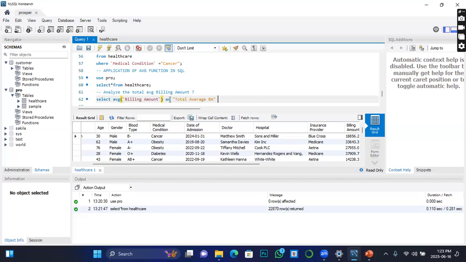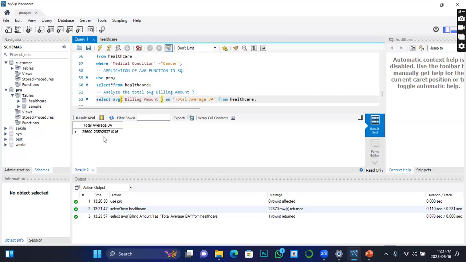Then from, we must specify where the billing amount header is. From healthcare. And then I'll end it. So let's output. This is the answer. This one has no condition.